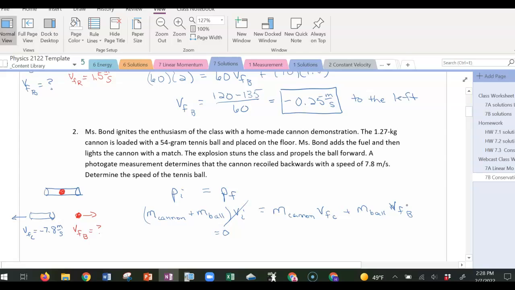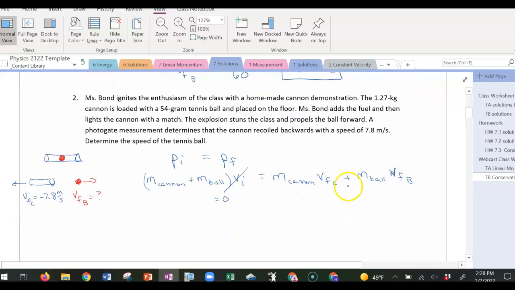Okay, so therefore, since the momentum of the cannon plus the momentum of the ball at the end equals 0, I can say that negative, let's see, the mass of the cannon was 1.27 kilograms and negative 7.8 meters per second. And see, the negative here means that I have moved it to the other side.